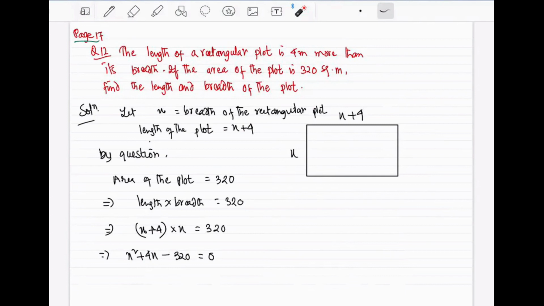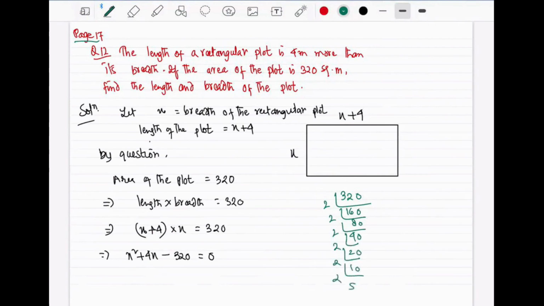What are the numbers here? Let's factorize 320. Multiply these three: 2 twos are 4, 4 fives are 20. So that is 20.